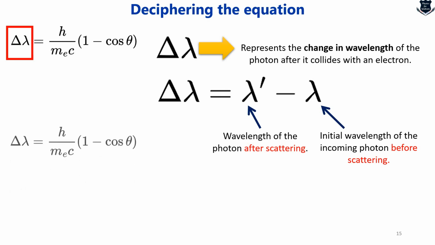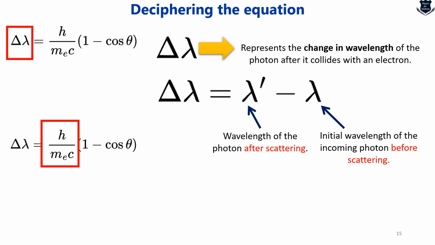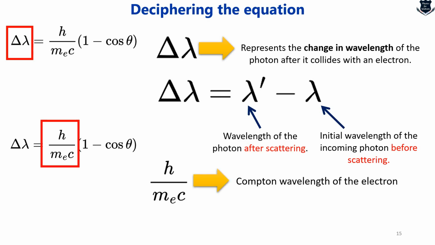Now step 2 is that we need to understand h upon me c. The term h/(me c) is known as the Compton wavelength of the electron. It is a constant value that characterizes the electron's response to photon interaction, roughly about 2.432 times 10 to the power minus 12 m.